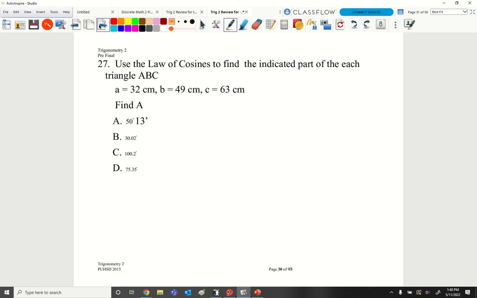All right, this next one. It says use law of cosine to find the indicated part of each triangle. Find A. That's capital A, right? What's given to me though? All three sides. So what law am I using? Law of cosine.